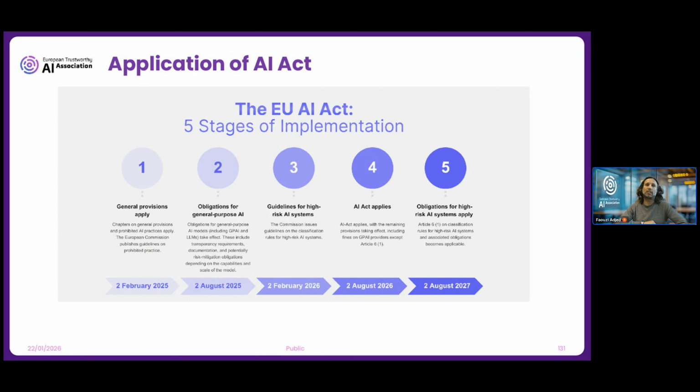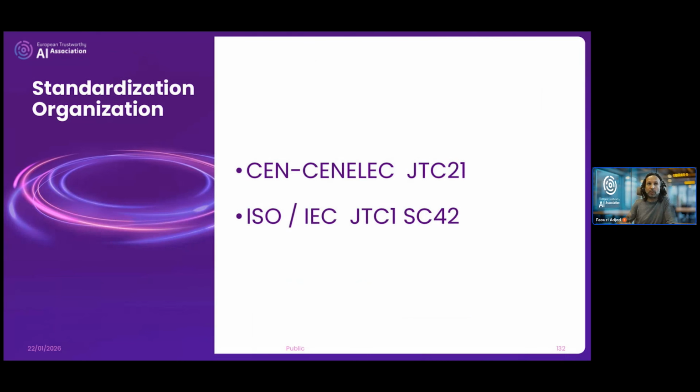Seen like this, 6 months is too short, and it's not like a small deliverable done by one expert. If I go further, I will explain how JTC 21 works and how SC 42 works, which is ISO/IEC.